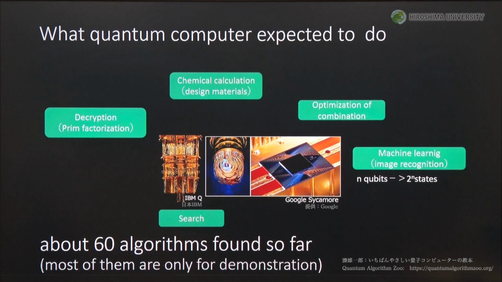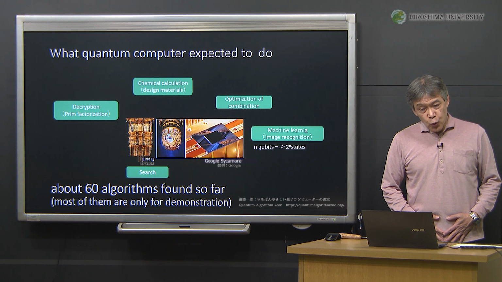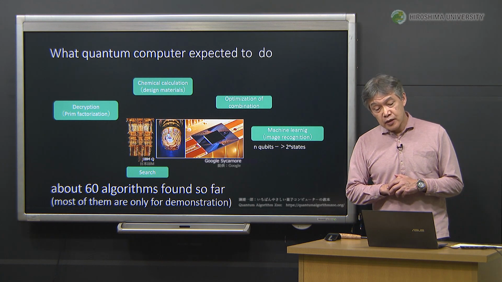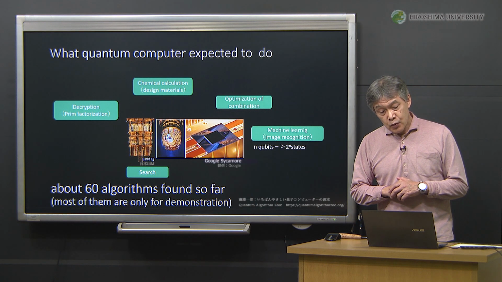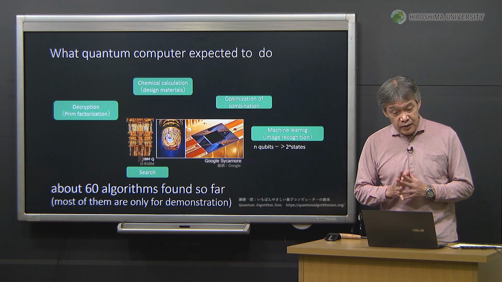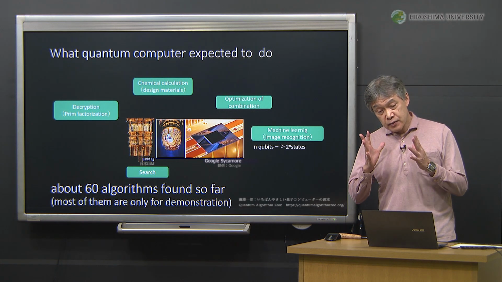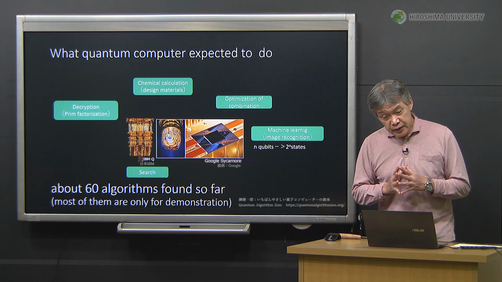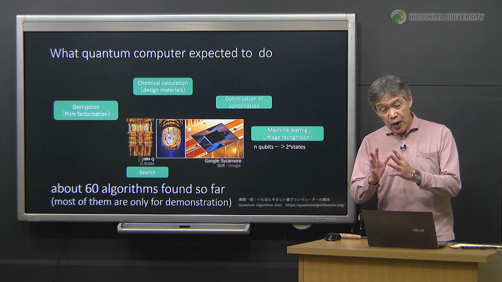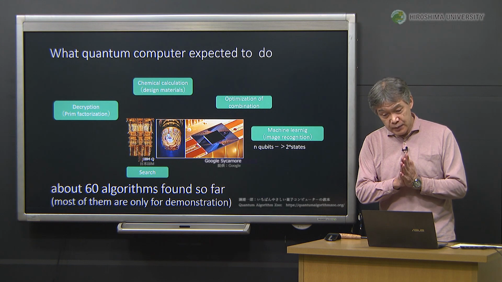Anyway, so far about 60 algorithms are defined as quantum computer algorithms. However, most of them are just for demonstrations. One of the issues for quantum computing is to invent algorithms which are really useful and can be applied to these quantum computing systems.